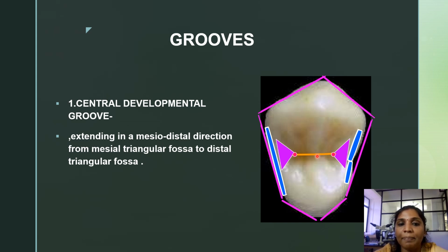This is a main developmental groove, and this is extending in a mesiodistal direction from here to here, from mesial triangular fossa to distal triangular fossa. Here this triangular part is the triangular fossa, one is mesial triangular fossa and the other is distal triangular fossa. And the groove extending from this mesial triangular fossa to the distal triangular fossa is nothing but central developmental groove.